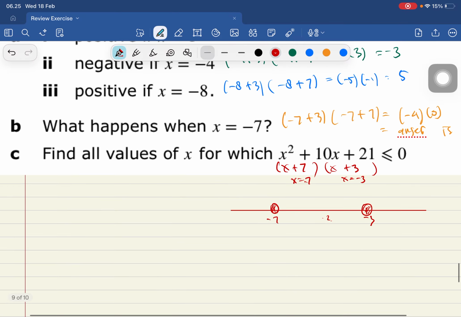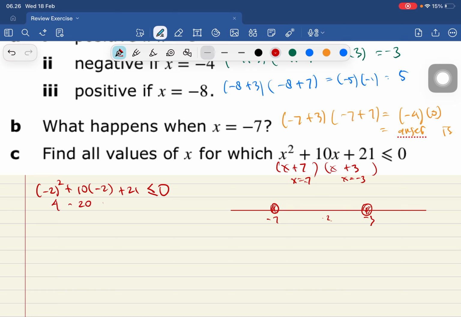So substitute it. We got minus 2 squared plus 10 times minus 2 plus 21. Is it less than or equal to 0? It's going to be 4 minus 20 plus 21, which is 5.